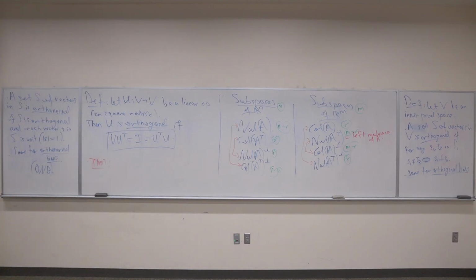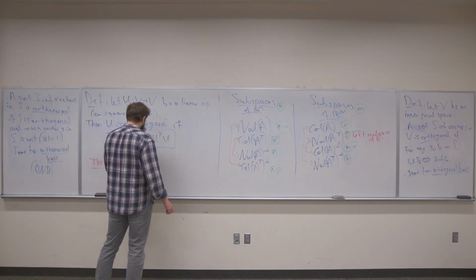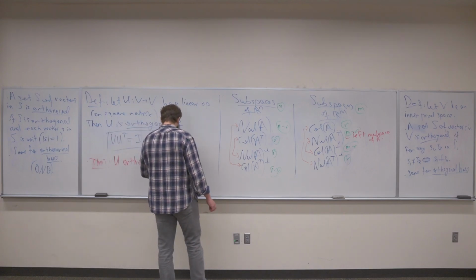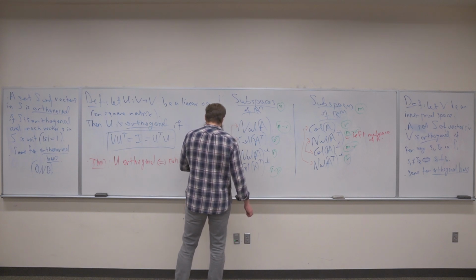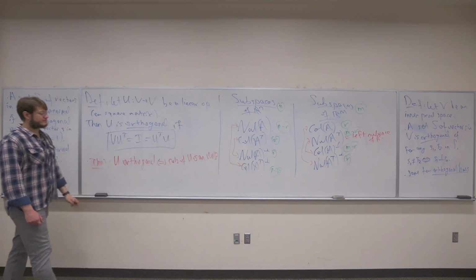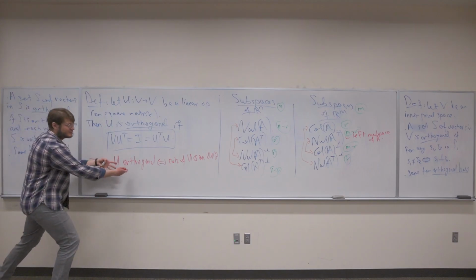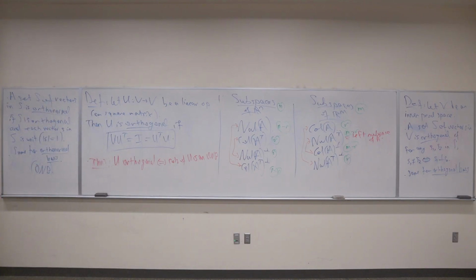U is orthogonal if and only if its columns form an orthonormal basis. Which is kind of confusing. You don't call U an orthonormal matrix, you call it an orthogonal matrix. But its columns are orthonormal. It's tradition at this point.